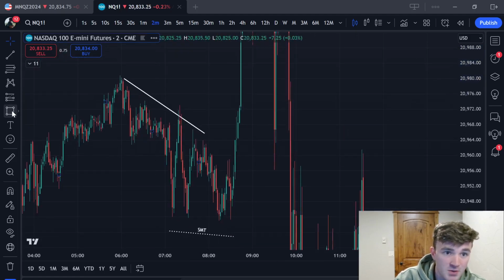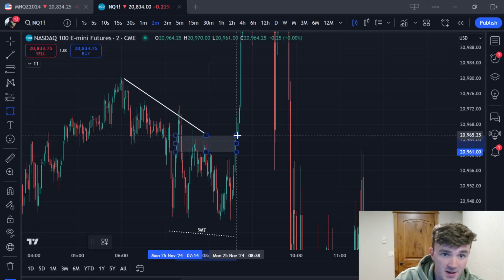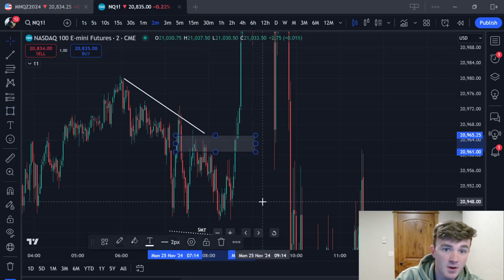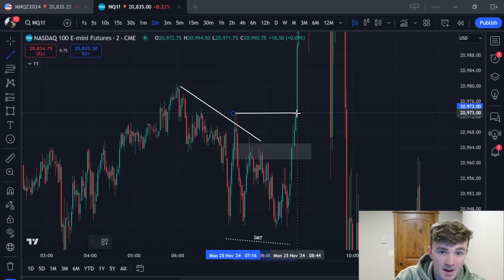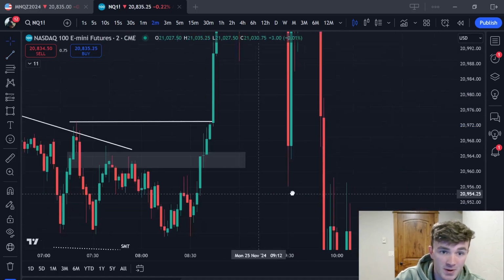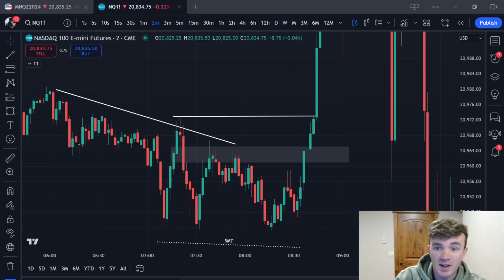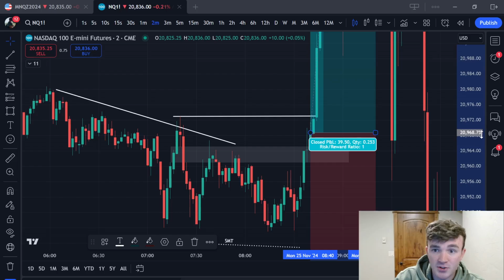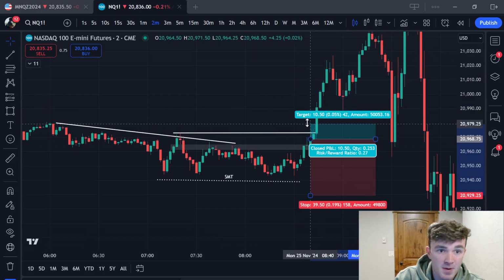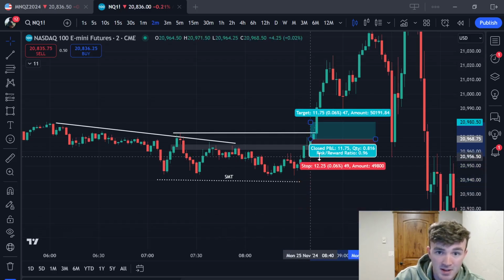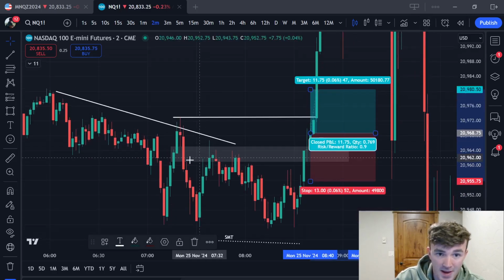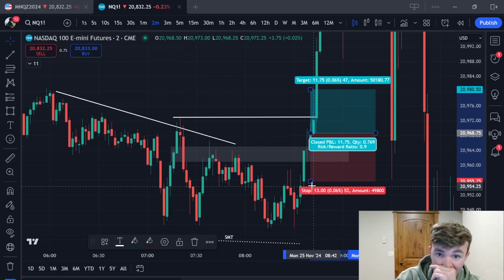So once you closed above this, to me, it would have been a good trade, especially because you can move your stop loss to break even right away at this high. This is a really, really quick and easy trade that, if I was on the charts, I probably would have taken. Entry right here, probably targeting the high of the low resistance liquidity, stop loss if we close back below this old fair value gap.